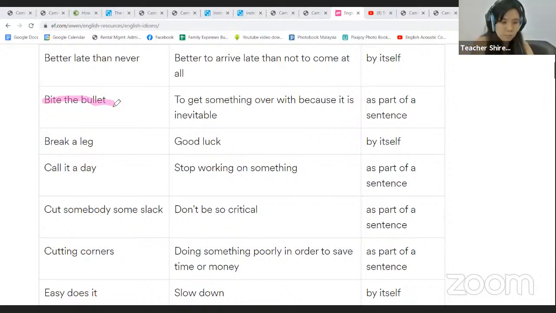So bite the bullet means that I can't avoid it because it's inevitable. It's unpleasant, but I'm going to face it anyway.